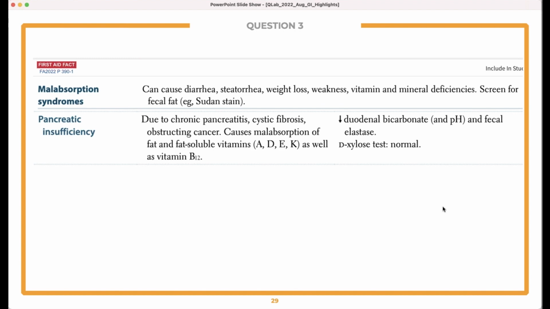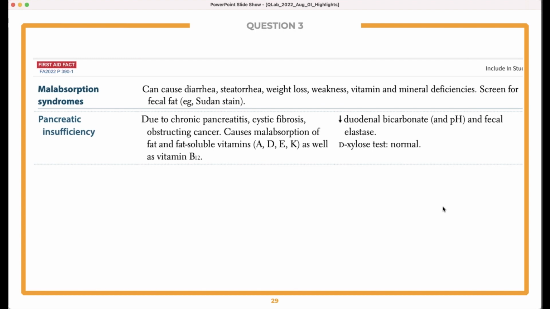One of those stains is a Sudan stain that tests for fat. In this case, this patient most likely has malabsorption due to pancreatic insufficiency, due to chronic pancreatitis. So it's important to keep in mind, in this question, this patient had malabsorption due to pancreatic insufficiency, and one of the ways to test for malabsorption is to check for fecal fat.